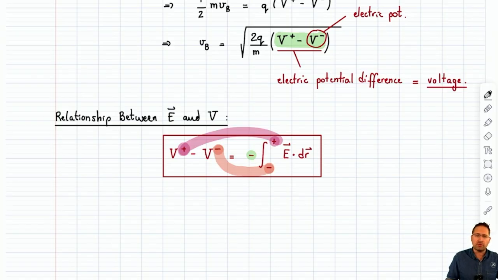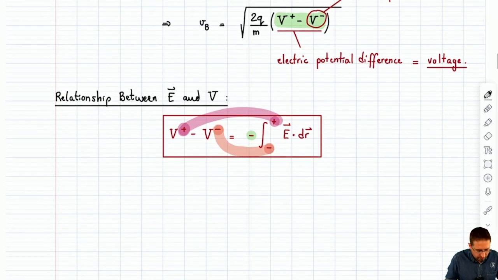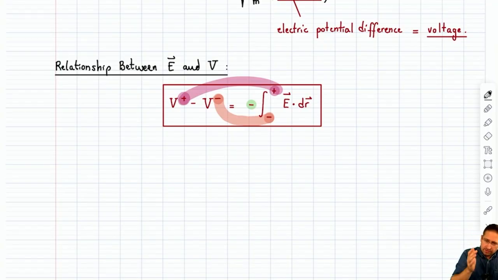So we have a lot of tools that allow us to compute electric fields. So very likely you would have the electric field, or you would be in a position to compute it, so that then you can find V plus minus V minus. But bear with me, we're going to get to this in a problem. So this is the relationship between E and V. The formula doesn't have a name, but that's how I call it, and that's a formula in and of itself.